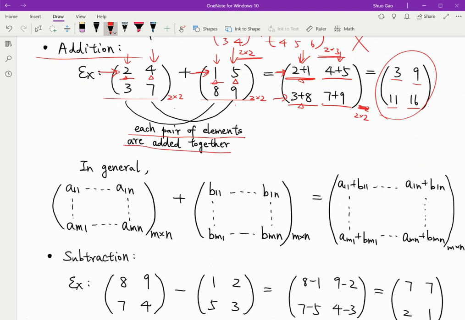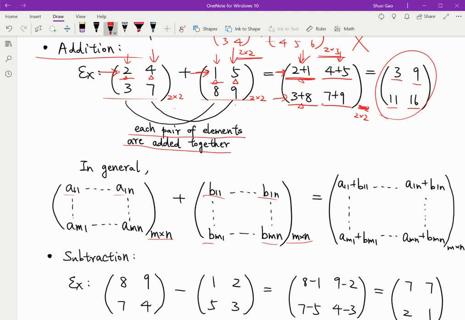So in general, if we have an m by n matrix, we have to add another matrix that is also m by n in dimension, right? Because only matrices of the same dimension can be added together. We call this the A matrix and this the B matrix, right?